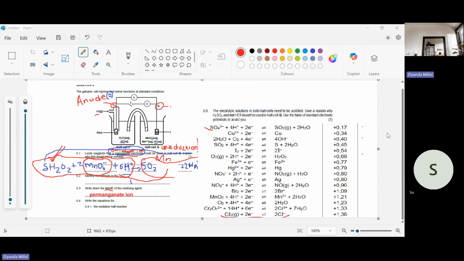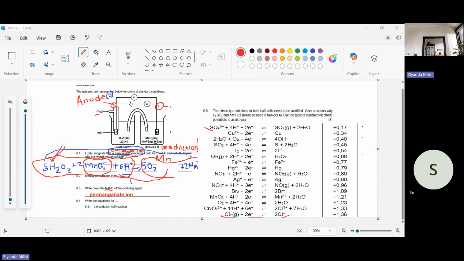It is on the same side as MnO4 minus, but Cl2 is on the other side. So MnO4 minus definitely cannot oxidize SO4 2 minus. They appear on the same side. I hope you can see what I'm talking about.